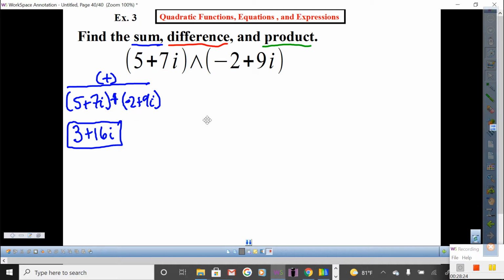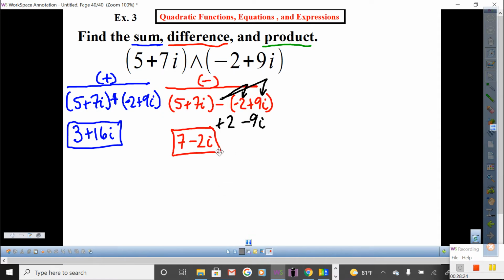Lenny, pass someone. Miguel, what did you get for the difference? Oh, I didn't get it. Okay. Help him out, Saul. 7 minus 2i. Hands if you got that. And there's the work on the screen. Product. Pass someone, Saul.